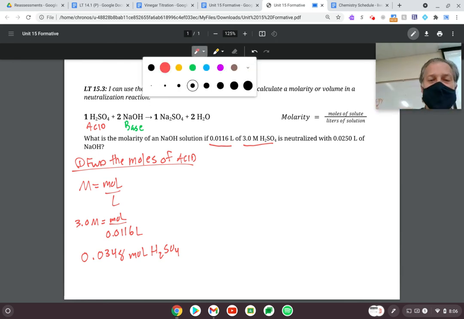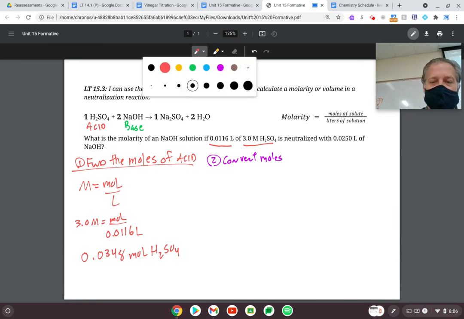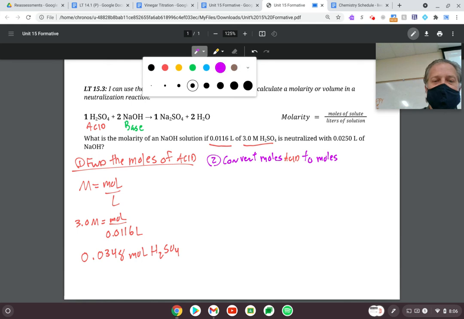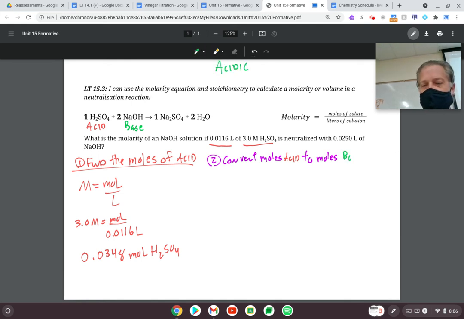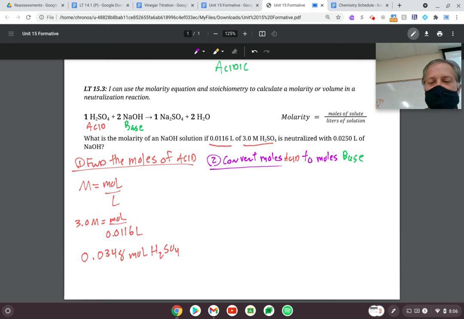The next thing that I'm going to do is convert moles of acid to moles of base. And we're going to do that by doing a stoichiometry calculation.